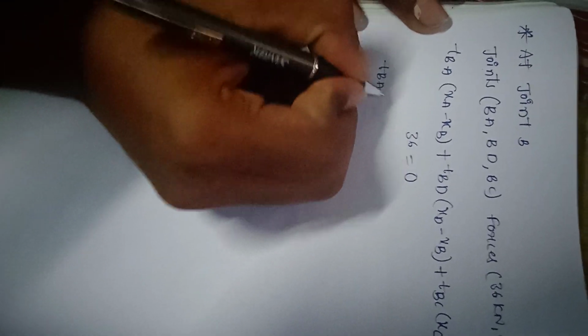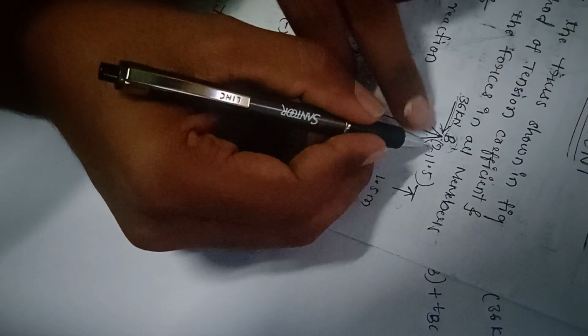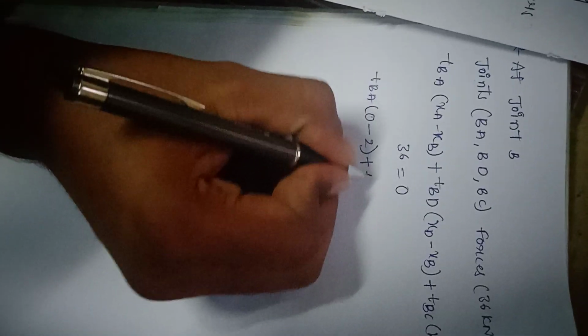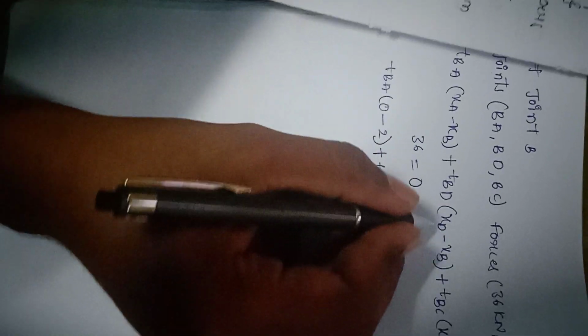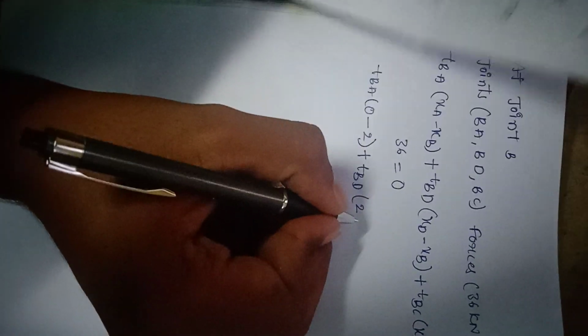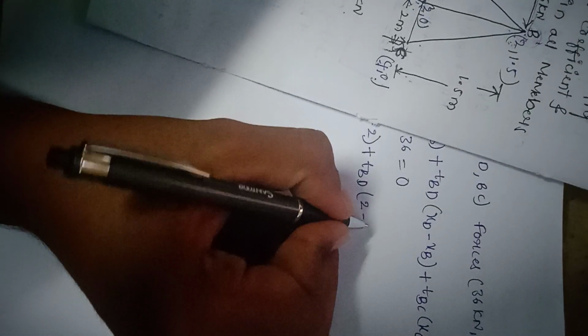Therefore, T of BA into XA minus XB. Here XA is 0, so 0 minus XB, which is 2. Plus tension in BD, XD is 2 meters, minus XB, 2.